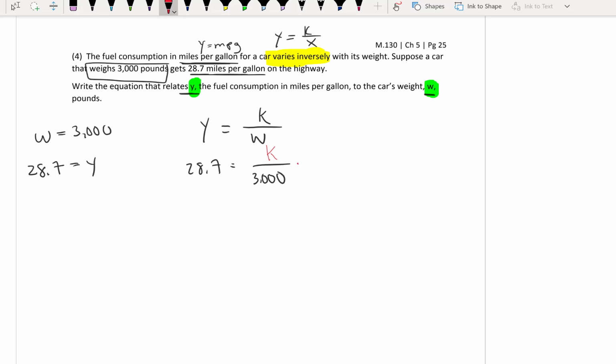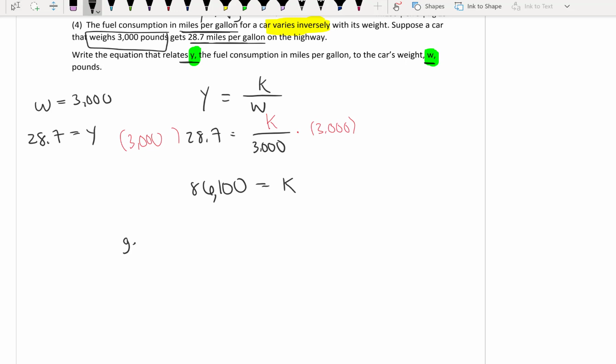So here, to get k by itself, I'm going to multiply both sides by a 3,000. So I'm going to have 3,000 be multiplied by 28.7, and I get 86,100. So 86,100 is equal to my k value. So now I can write my general equation.